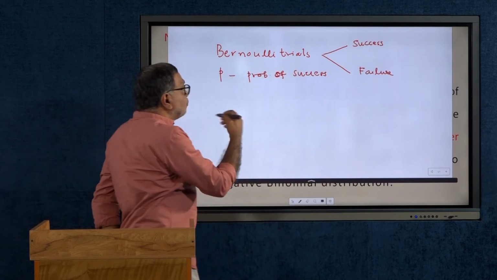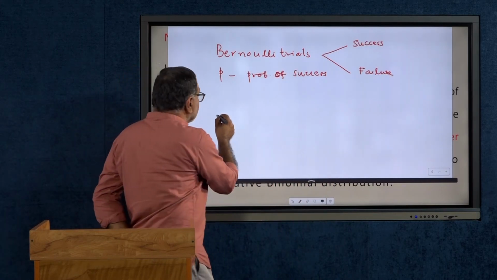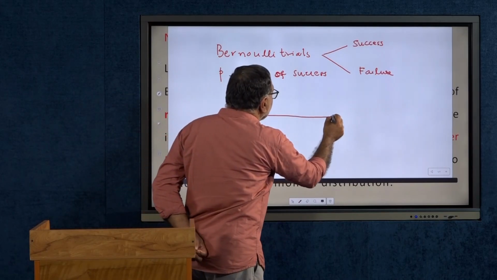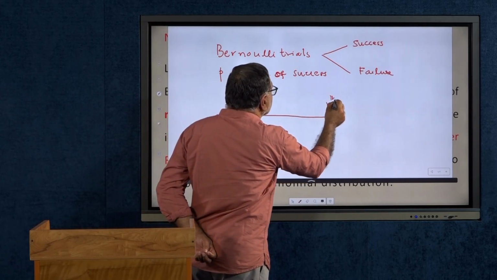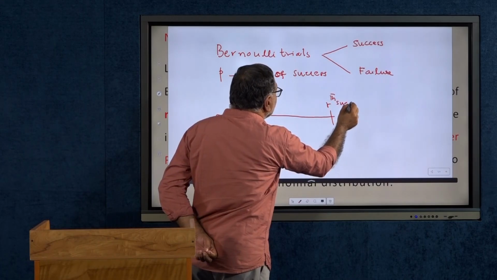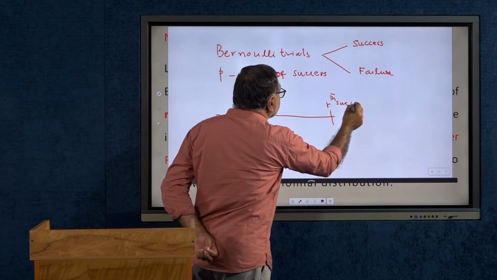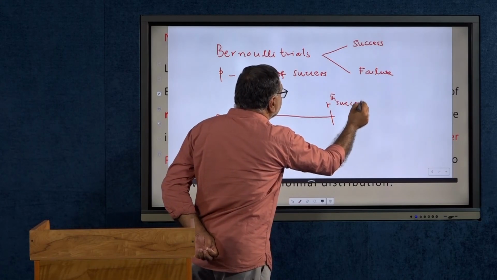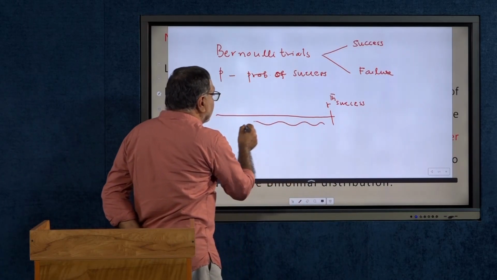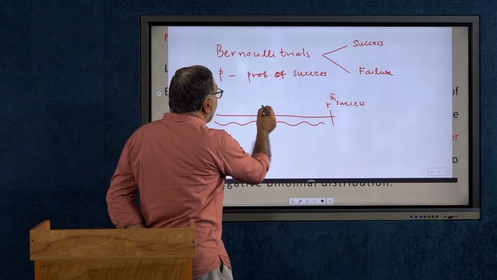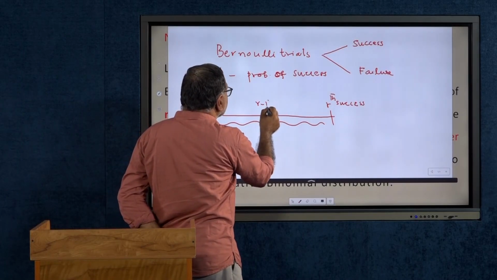And we are performing these Bernoulli trials until we have r successes. Suppose the rth success is obtained somewhere here, and in previous trials we have r minus 1 successes.